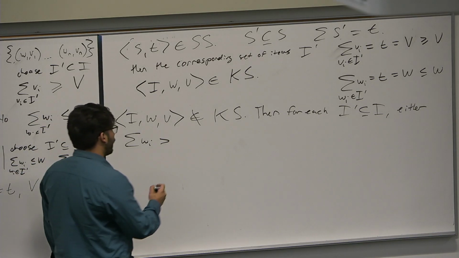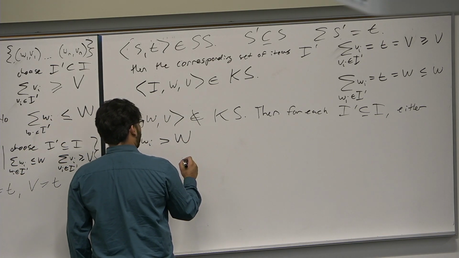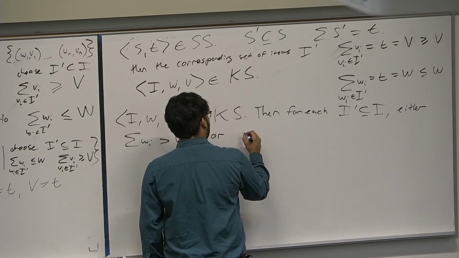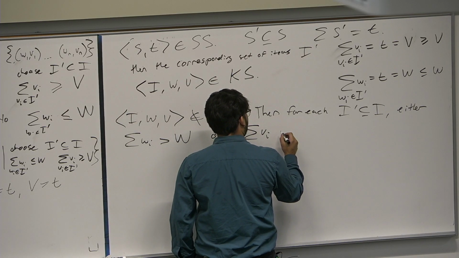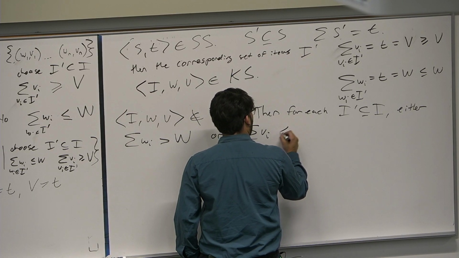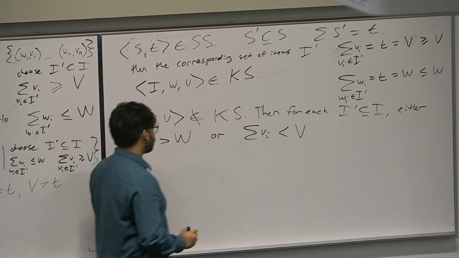Either the sum of the weights exceeds the capacity, or the sum of the values for that set of items is below the threshold, right?